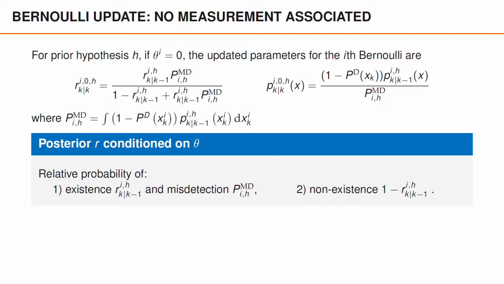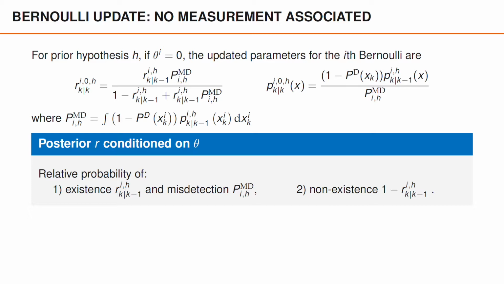The posterior probability of existence, conditioned on the association theta, can be understood as being the relative probability of two possible explanations for why there is no object measurement for this particular Bernoulli. First, we have that an object does exist, but was misdetected. The probability of this is the product of the probability of existence and the probability of misdetection.